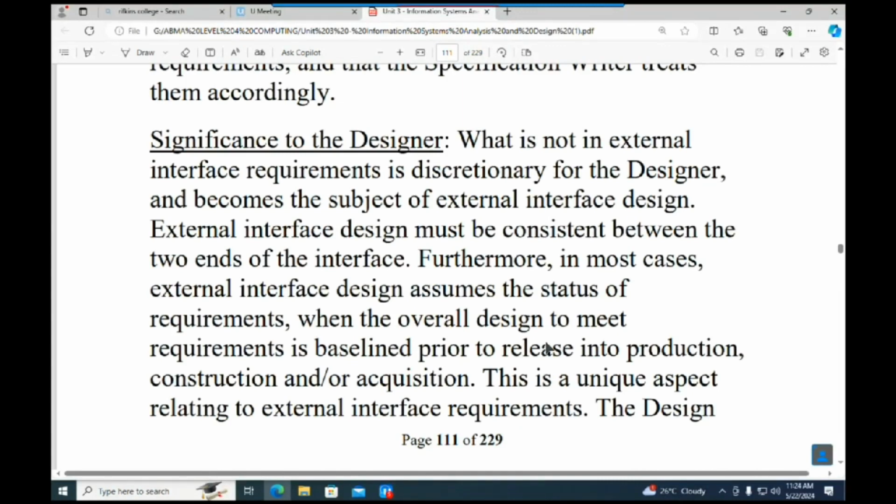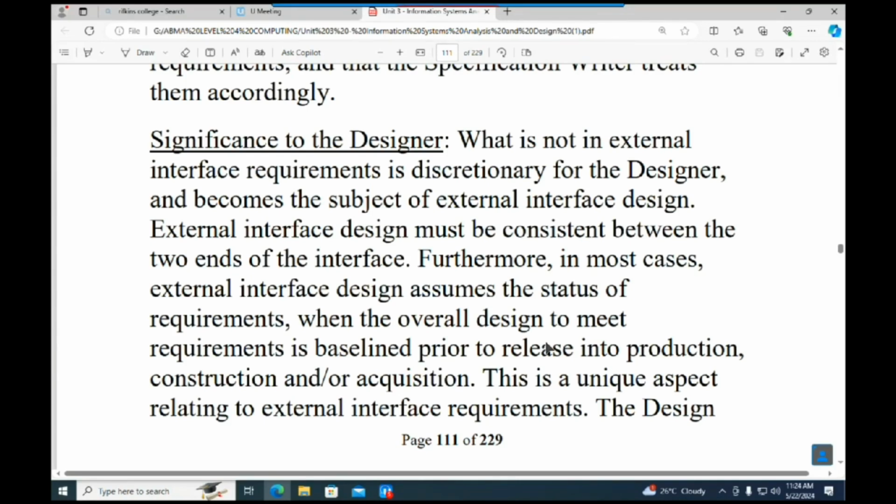So to the designer, what is not actually included in the external interface requirements is something that can be discredited by the designer, or it can also become a subject of the external interface design. So you have the external interface design that must be or should be consistent when we have the two ends of interface.